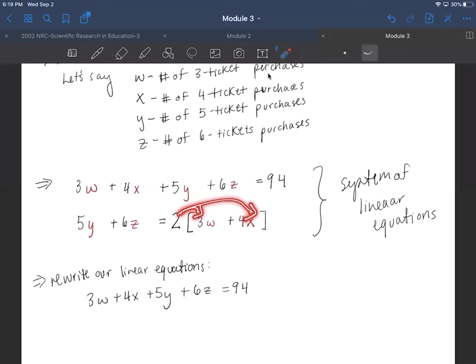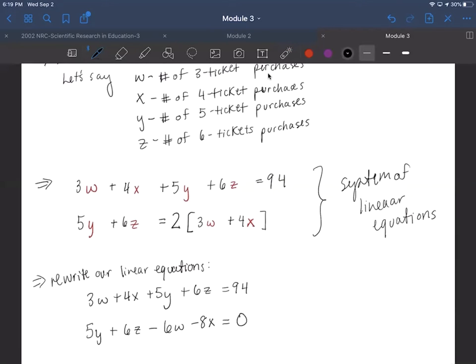All right. So this will be 6W plus 8X. But if we are going to move 6W and 8X over to the left, we're going to end up having 5Y plus 6Z minus 6W minus 8X, and we'll be left with nothing on the right-hand side, okay?